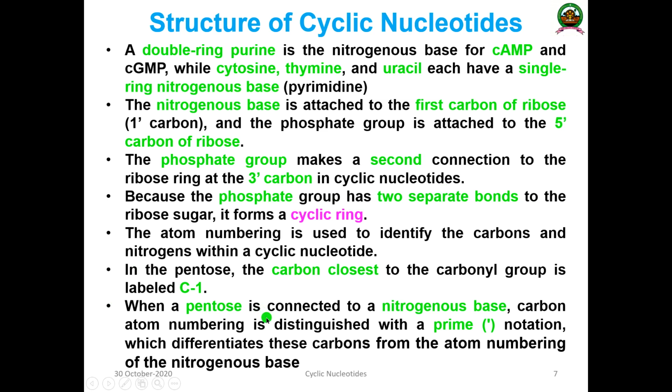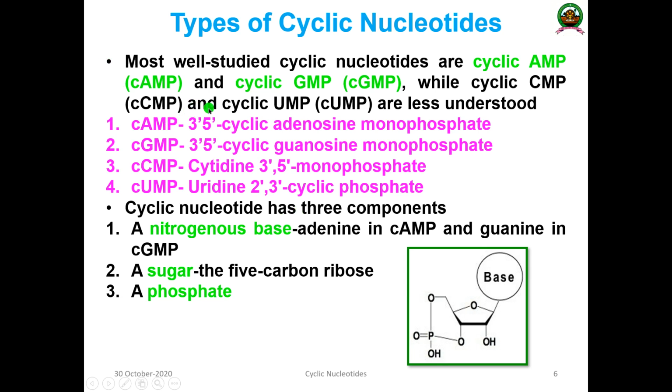Then when the pentose is connected with the nitrogenous base, the carbon atom numbering is distinguished with a prime. You can see the same numbering is there. That is why we have called these 3', 5'.